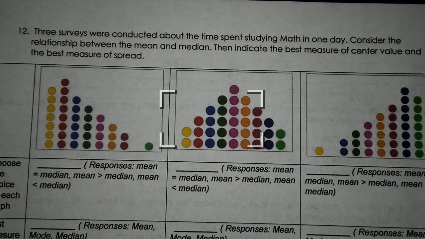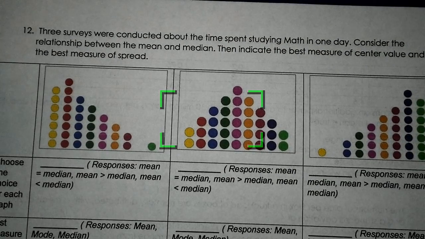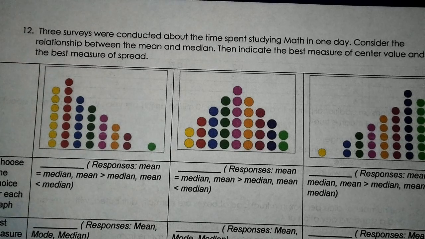All right. And moving on to number 12. 3 surveys were conducted about the time spent studying in math in one day, considering the relationship between the mean and the median. Then indicate the best measure of center and value, and the best measure of spread.